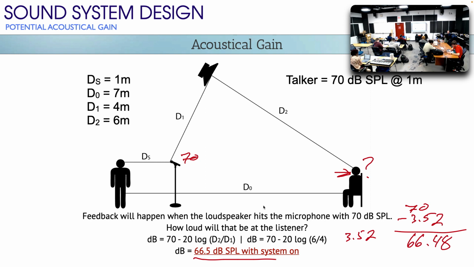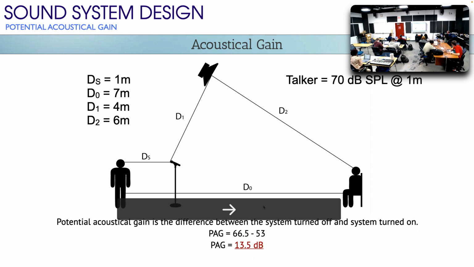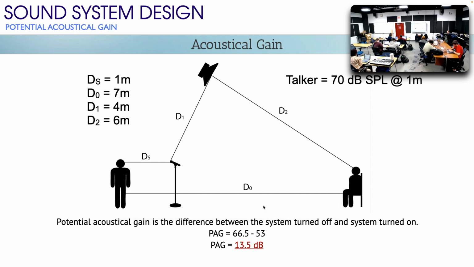That's when it feeds back, when we achieve 66.5 dB SPL. Okay, so what is our gain? Well, our gain is that 66.5 that we can make with the sound system subtracted by the amount of sound that the talker was doing all by themselves. And that difference is 13.5 dB. So our gain is 13.5 dB.